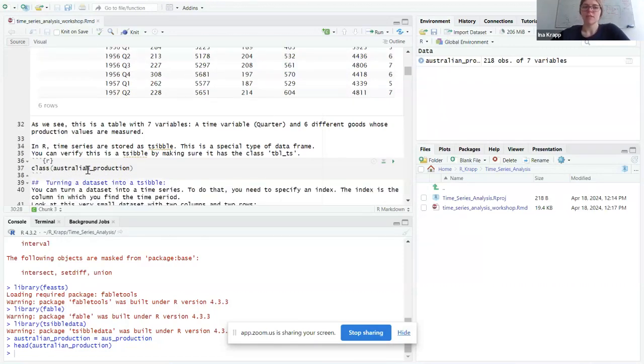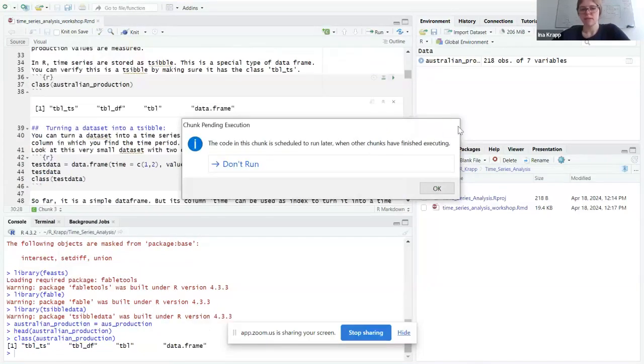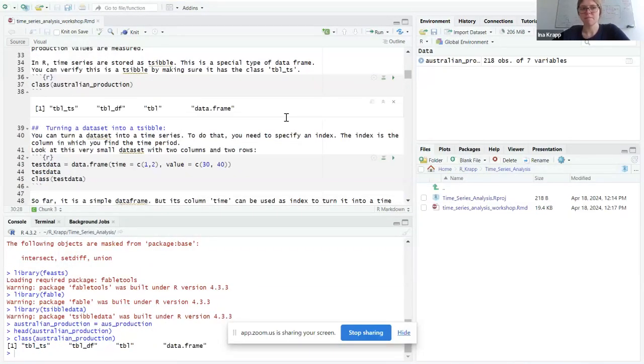You can verify that this data set is correctly recognized as a fable by looking at which class it has. And as you can see here, there is this part which says that we are looking at something called a table time series.